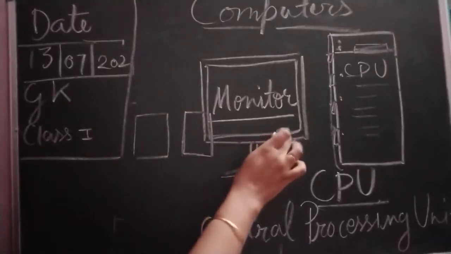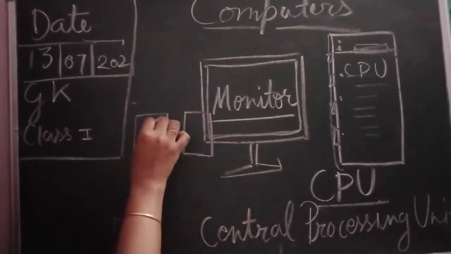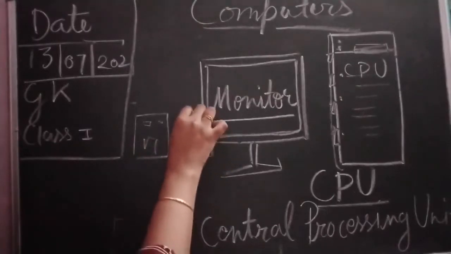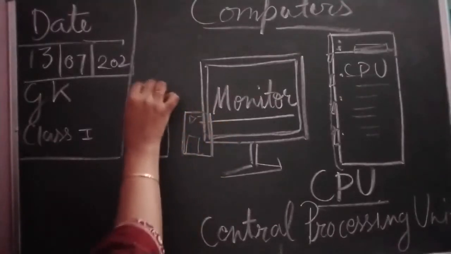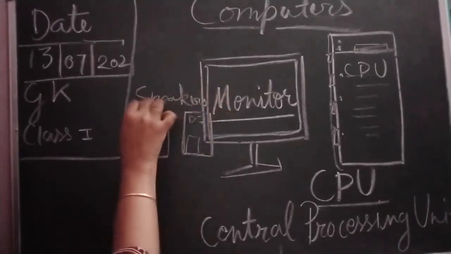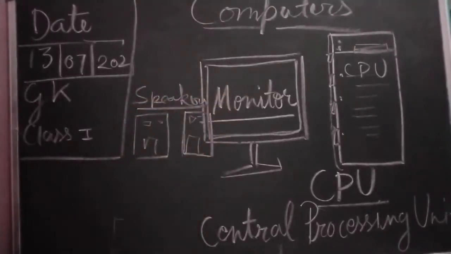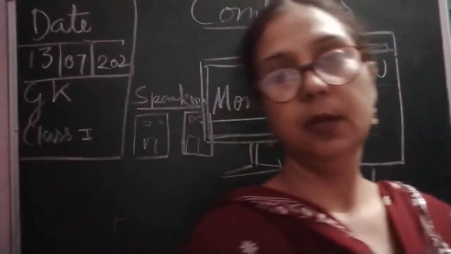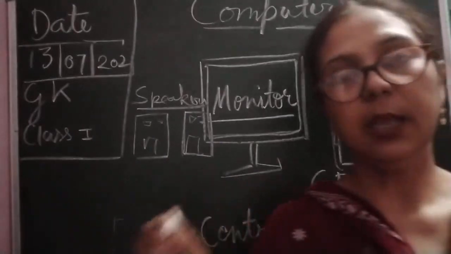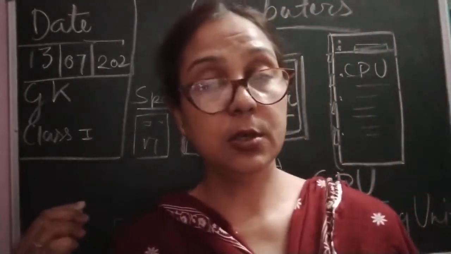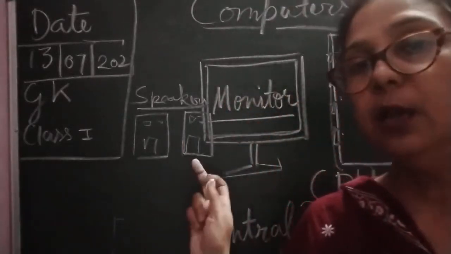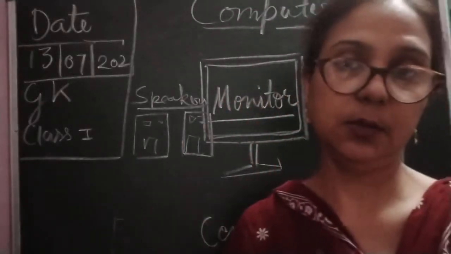The computer also has speakers, but outside you can see two speakers given. From speakers we can hear voice clearly. If we want to play any music, or anything audible, we can use these speakers.